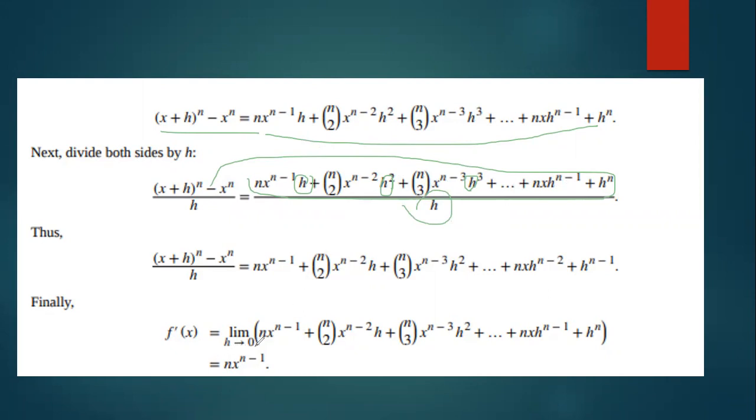Now taking h equals to 0, all my h terms will be 0. So my answer will be f derivative of x equals n x to the power n minus 1. This is the proof of the power rule using limits.